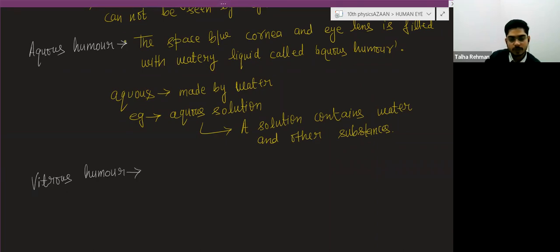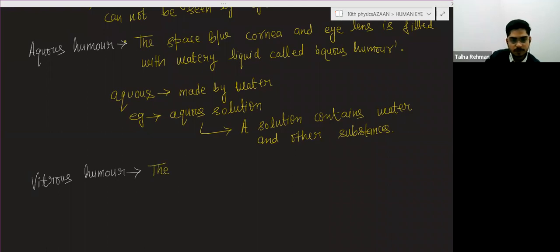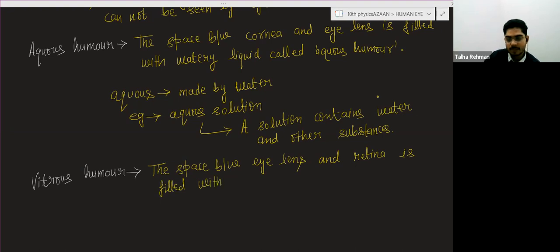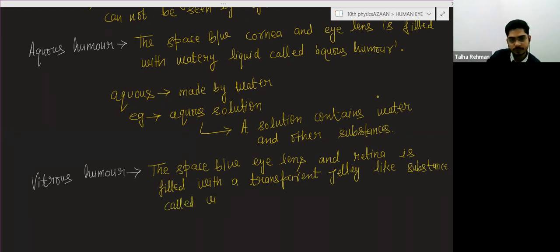So the space between the eye lens and the retina is filled with a transparent jelly-like substance called vitreous humor.